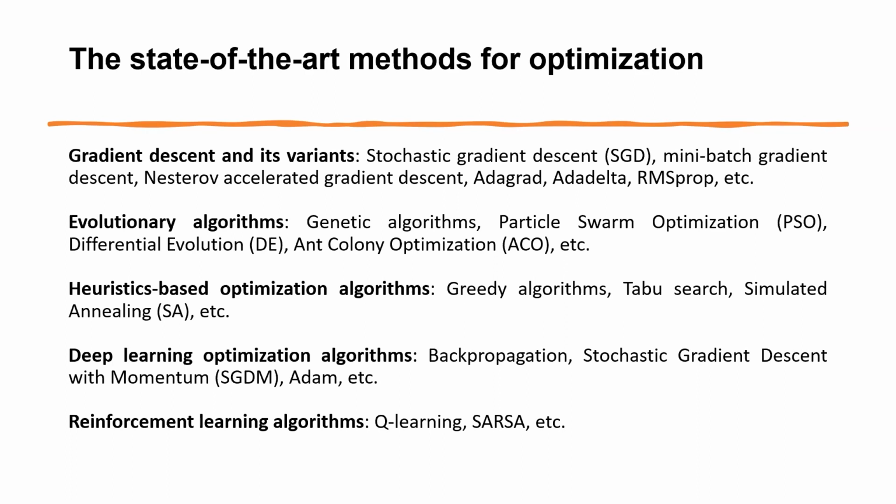So these are some of the optimization methods on a higher level, where a lot of research, a lot of usage, and everything is happening. So what I will be focusing on is evolutionary algorithms.